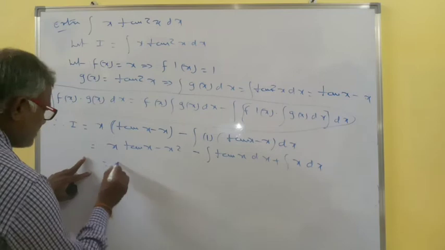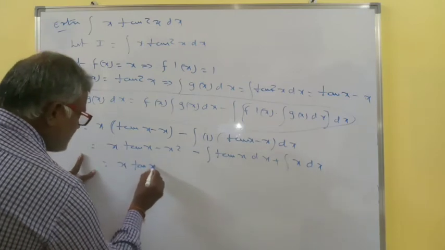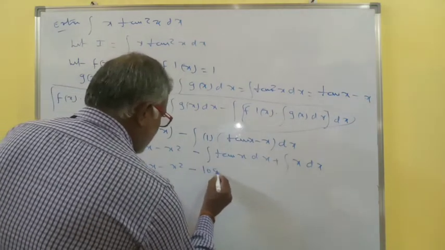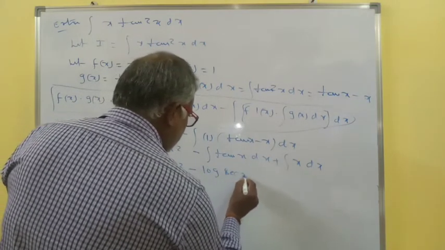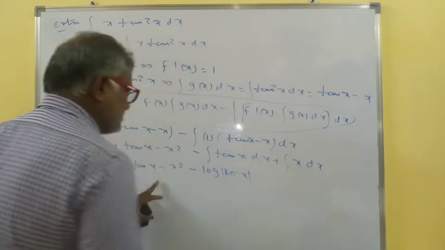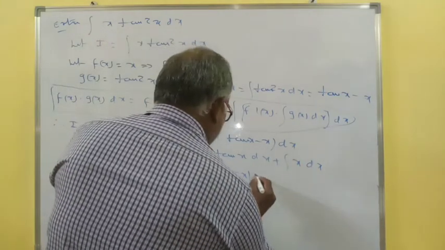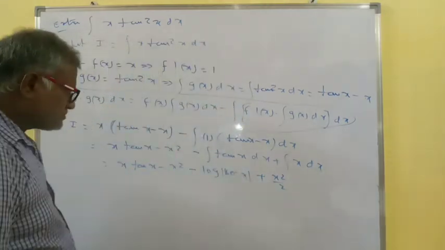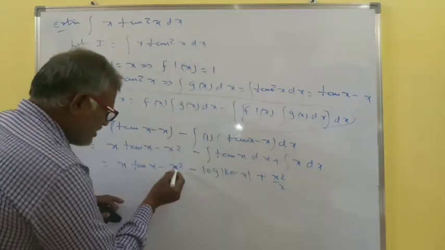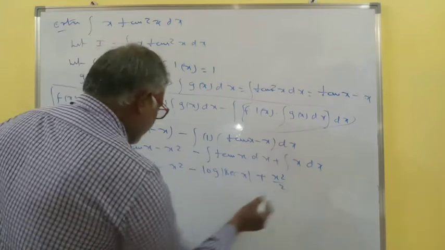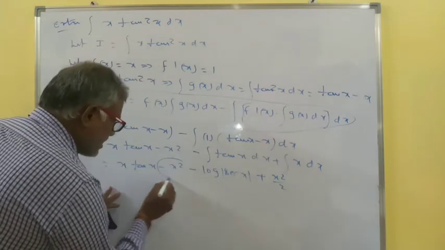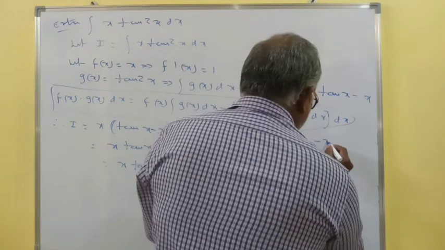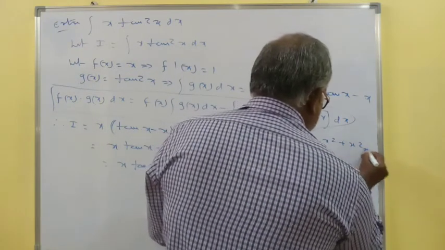So x into tan x minus x square minus log of secant x, next plus x square by 2. Here in the previous one I had to leave it, whereas here minus x square plus x square by 2.